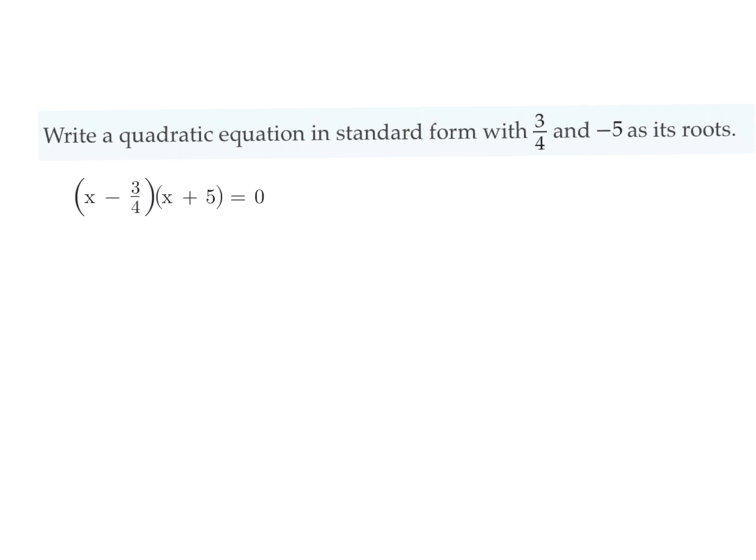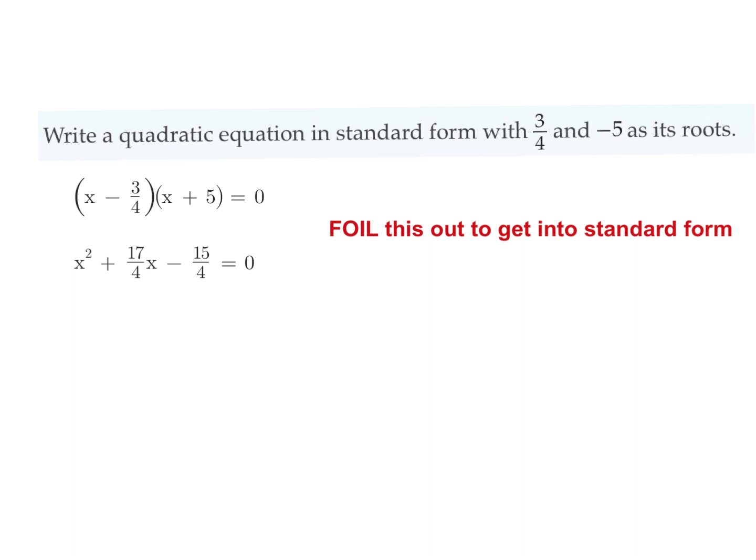All right. So when we FOIL this thing out, eventually you get this. I skipped some steps. Okay. The middle term would have been 5x minus 3/4 x, which of course is 17/4 x.